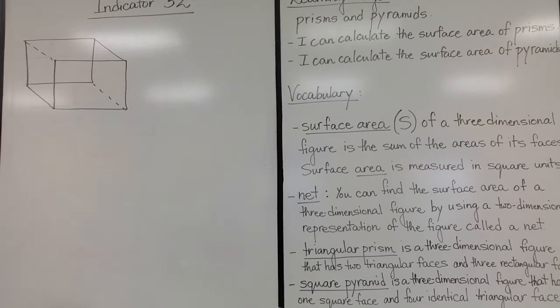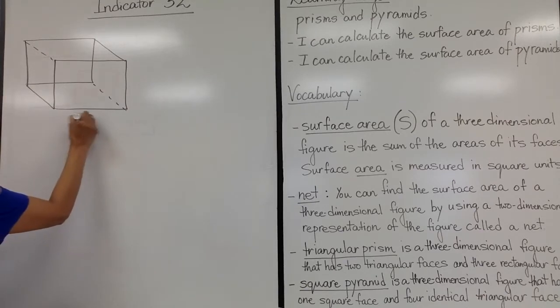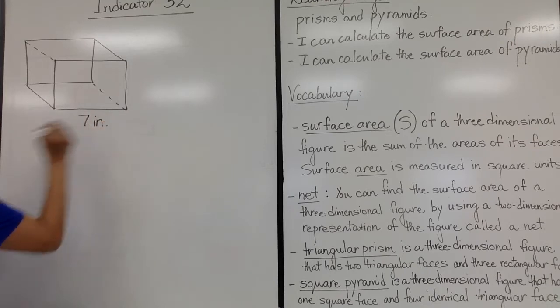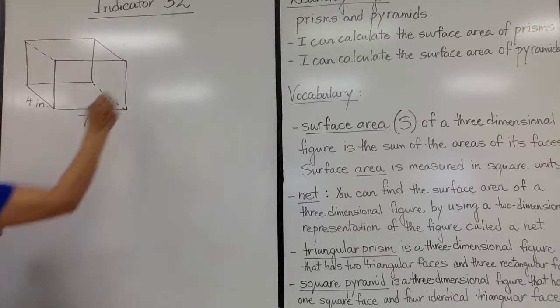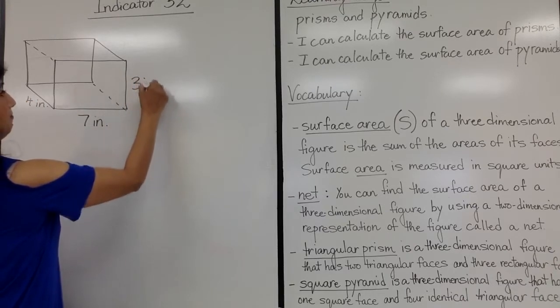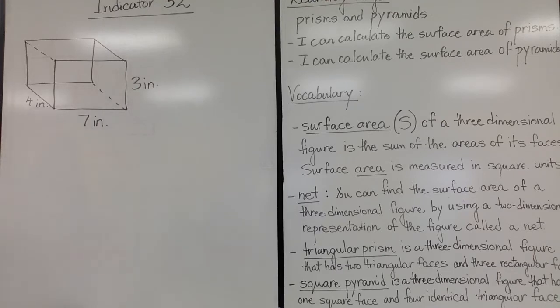Okay, so I have a prism going on over here, and this is 7 inches, and this is 4 inches, and this is 3 inches. Okay, and this is 3 inches.